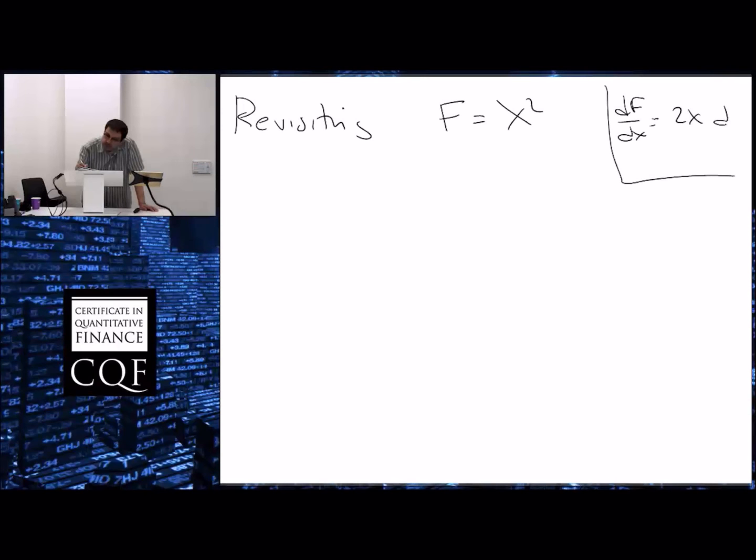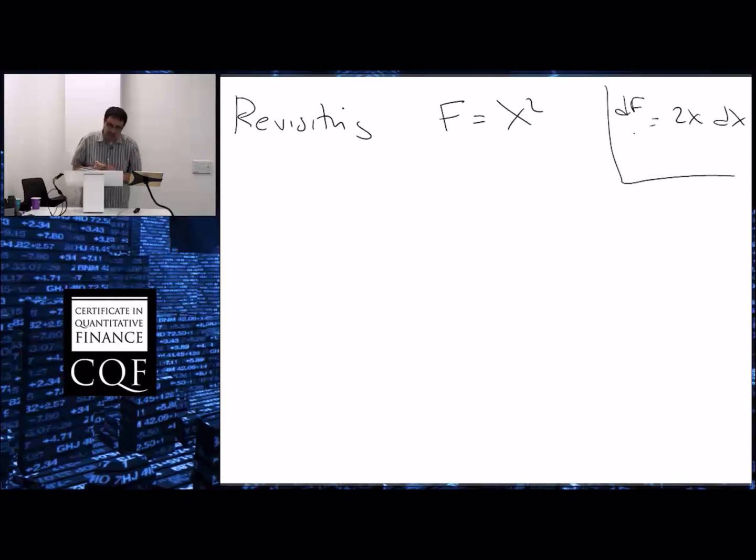So revisiting f is equal to x squared, which we saw before, remember, was df by dx was 2x dx, wasn't it? Everyday differentiation. Sorry, there's an extra dx there, isn't there?